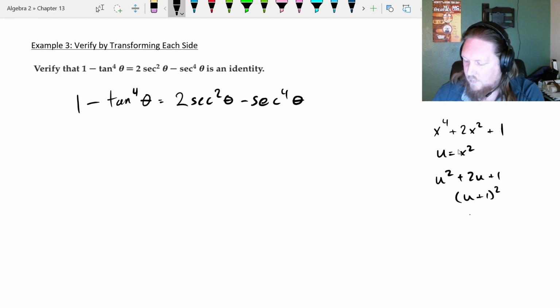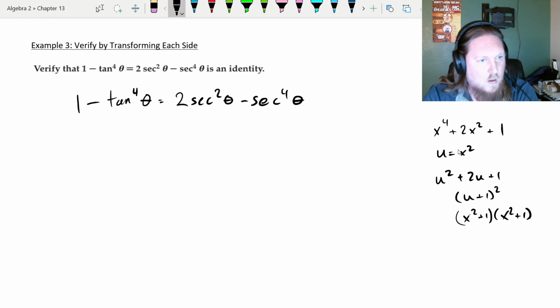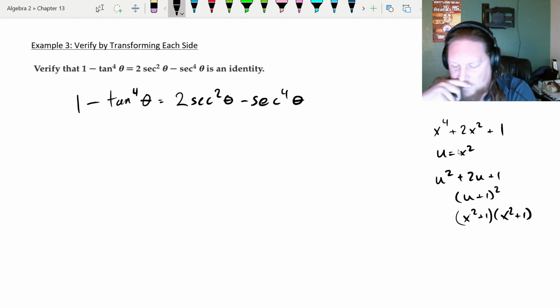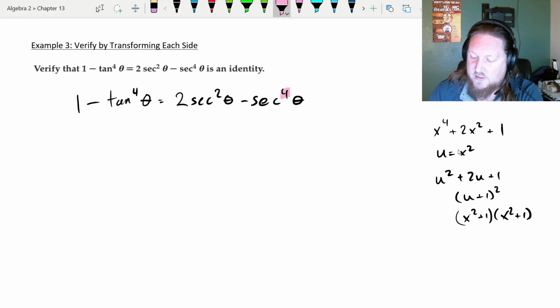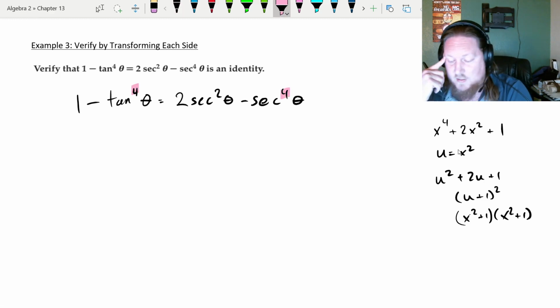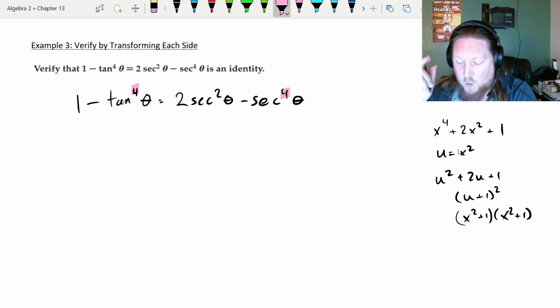Now, I know u is x squared, so then I plug it in, and now I just have two quadratics that I can then solve. So that substitution process is probably going to be helpful on this problem, because I see those fourth degrees.